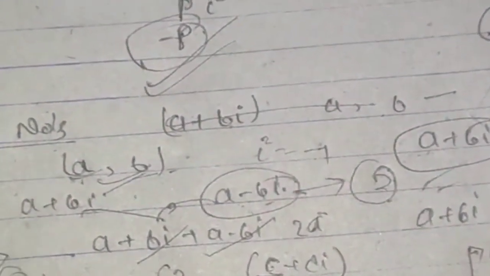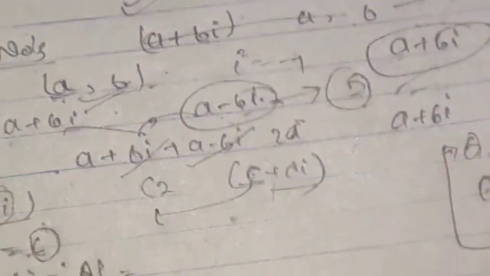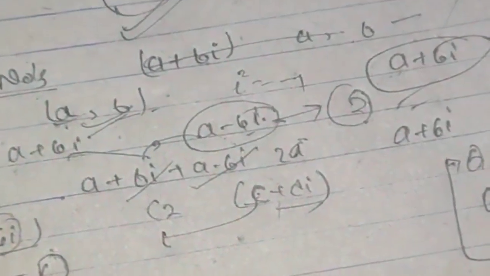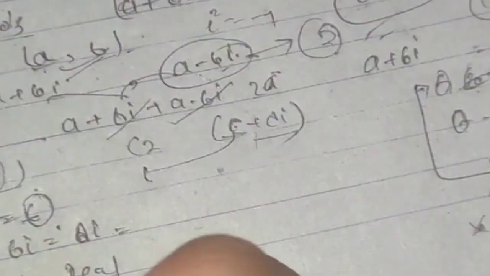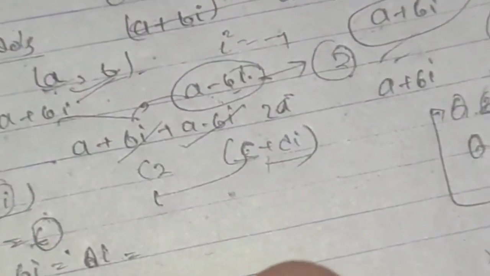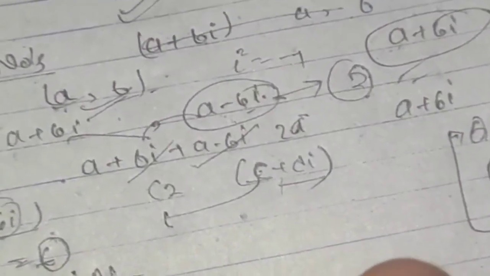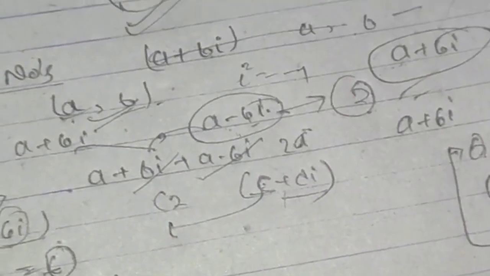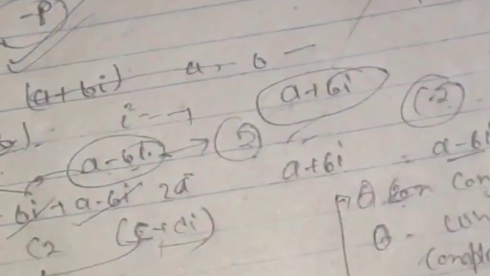The real part of the first complex number is equal to the real part of the second, and the imaginary part of 1 is equal to the imaginary part of 2. Not square, this is 2.